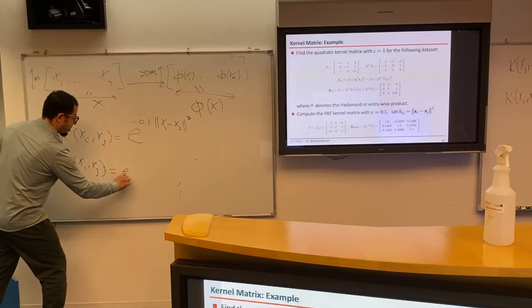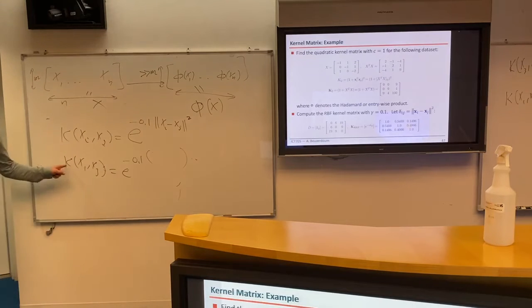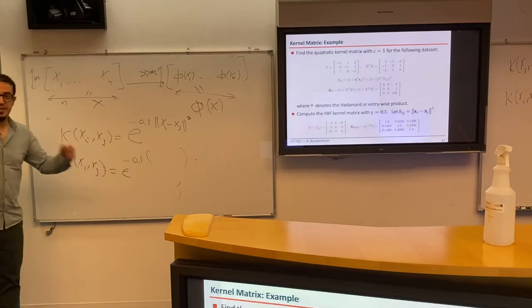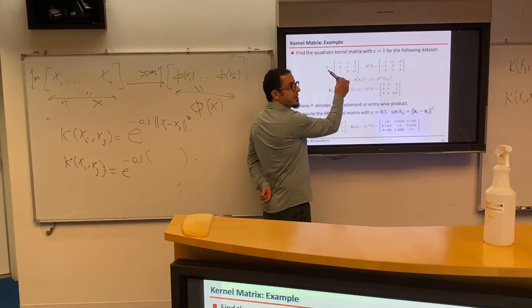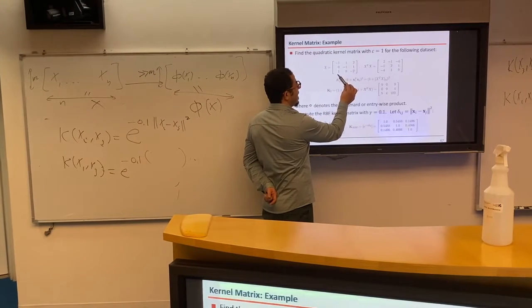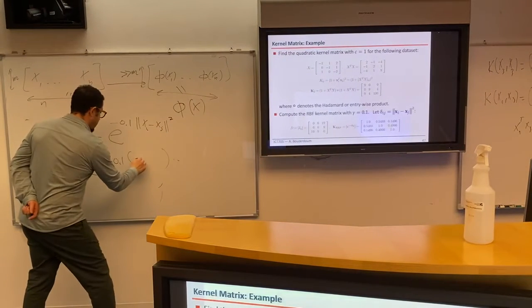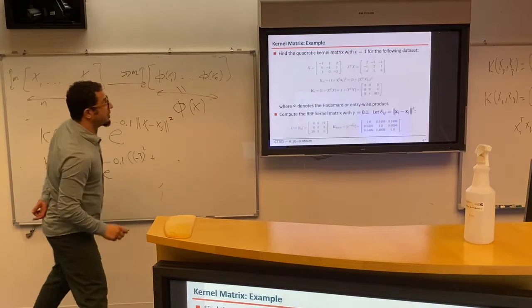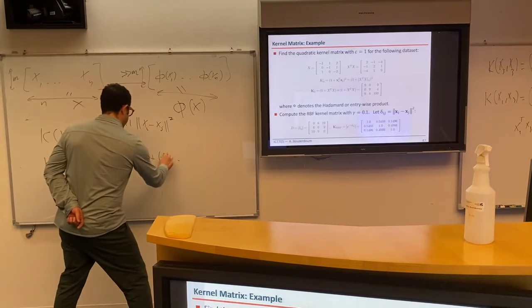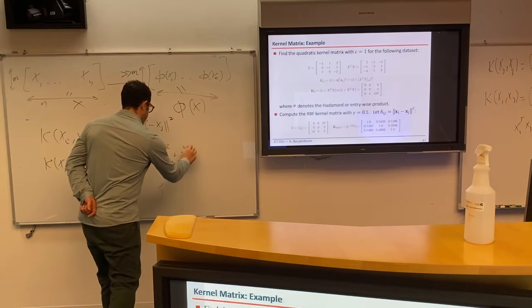What will be here? Exponential minus 0.1 times the Euclidean distance between x1 and x3. What is the difference between x1 and x3? Minus 3 and 1. So it will be minus 3 squared plus the difference 1 or minus 1 squared, it doesn't matter. 1 minus minus 2 is 3 squared.